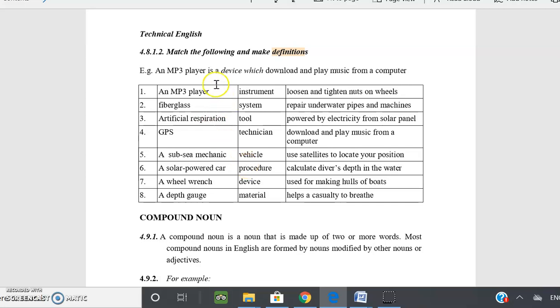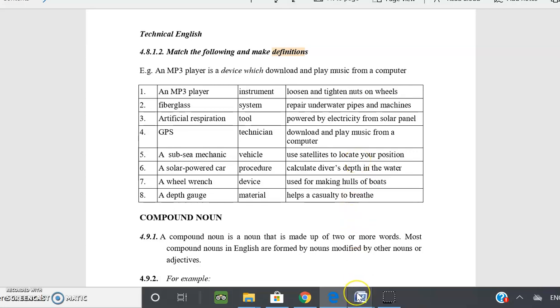You have to match it with device, something that plays music. So you know that, it is a device. Like that you have to explain. It downloads and plays music from a computer. You have to make a correction here: downloads, because it is singular. Downloads and plays music. So these are the definitions.